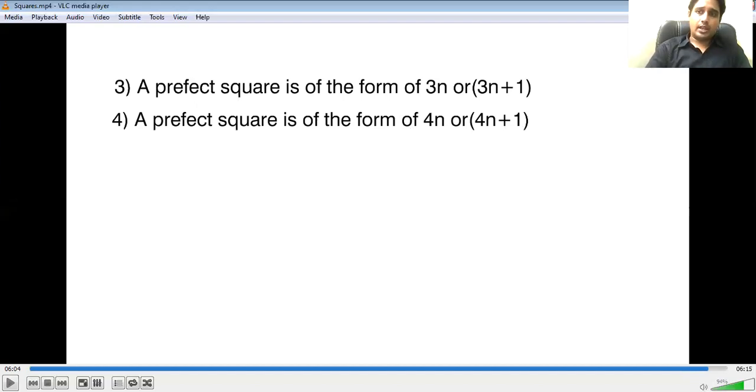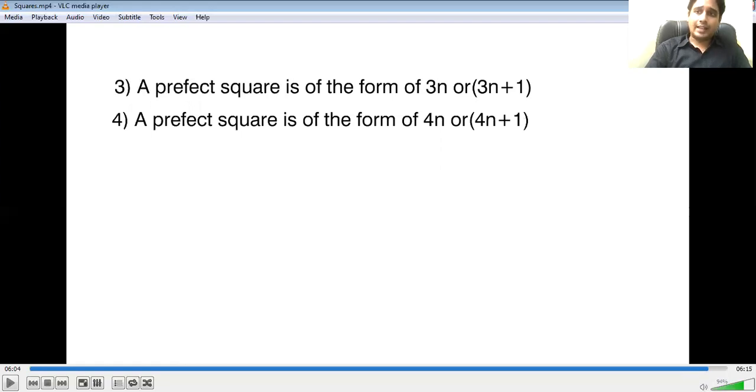Mark my words, any number which follows all these four conditions may or may not be a perfect square. Say, for example, I talk about 21. 21 is ending with 1. In 21, the second last digit is 2. 21 is perfectly divisible by 3. And 21 leaves a remainder of 1 when divided by 4. But 21 is not a perfect square.